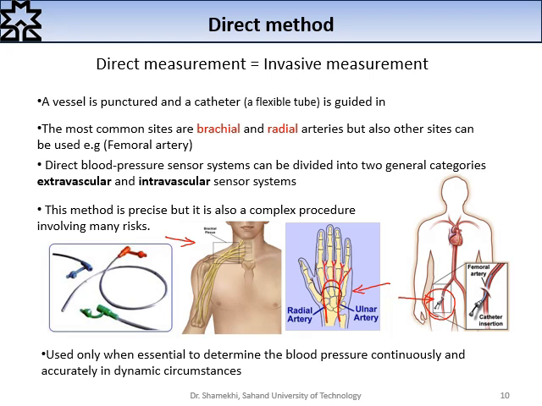There are many risks using these types of blood pressure measurement. Also, we should emphasize that we will use it only when essential, to determine the blood pressure continuously and accurately in dynamic circumstances.